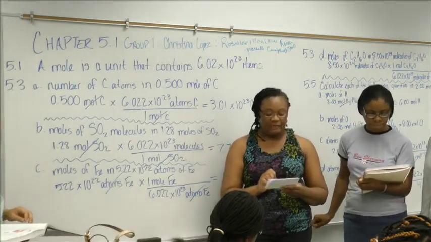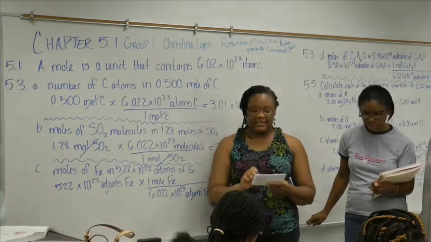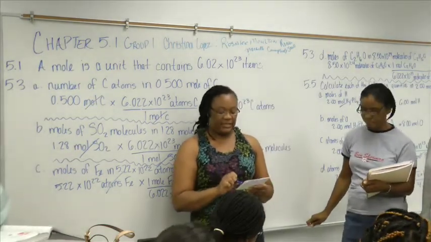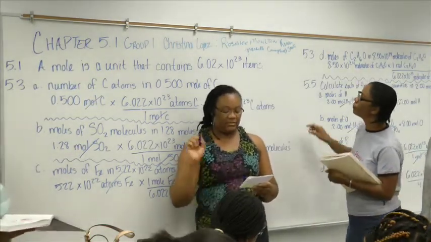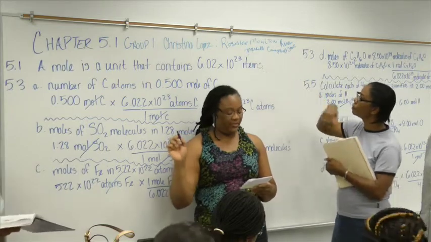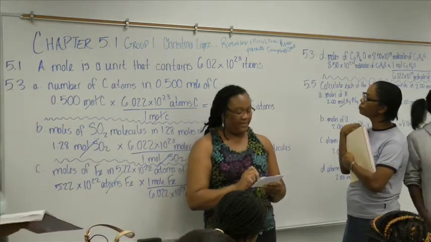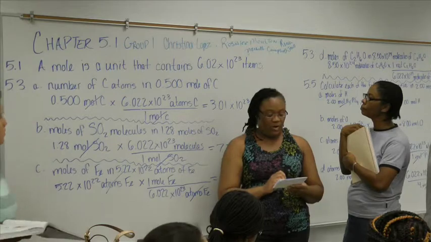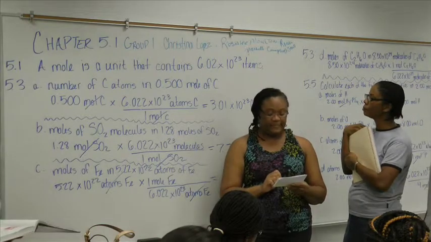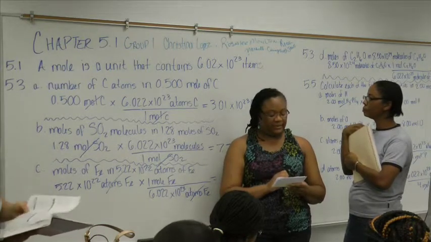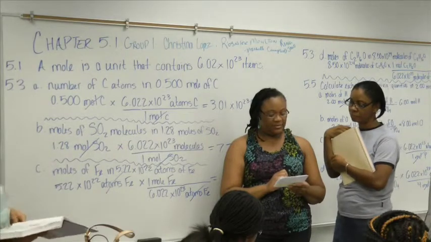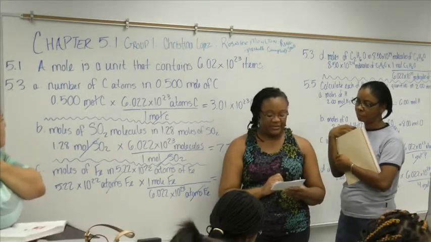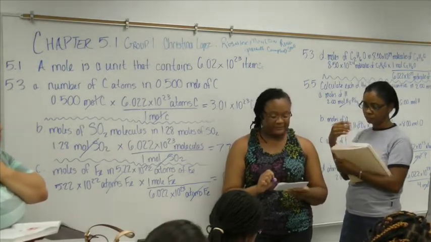Example, 1 mole of carbon contains 6.02 times 10 to the 23rd power carbon atoms, etc. 1 mole of an element has 6.02 times 10 to the 23rd atoms of that element.